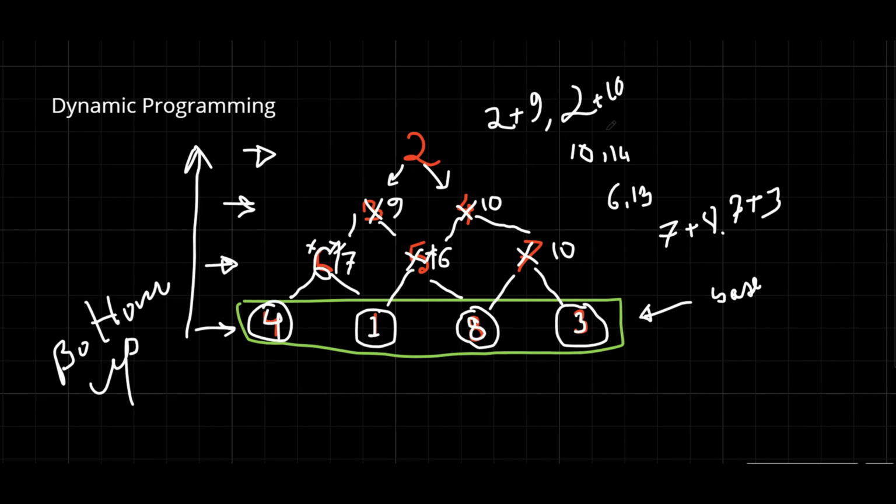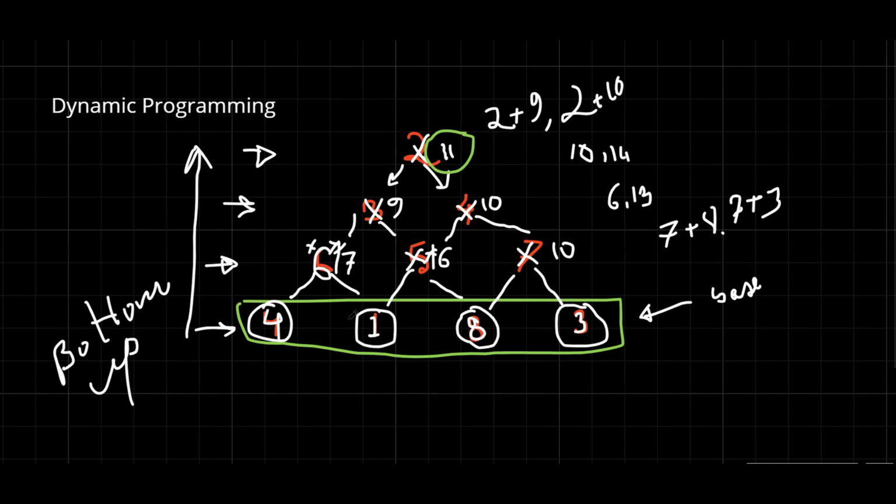So we find the minimum of 11 and 12, which means we replace 2 with 11. So 11 is the amount we have to pay to reach from the top position to the bottom position with the minimum cost. This is the basic strategy of bottom-up DP. I hope you understood the algorithm.